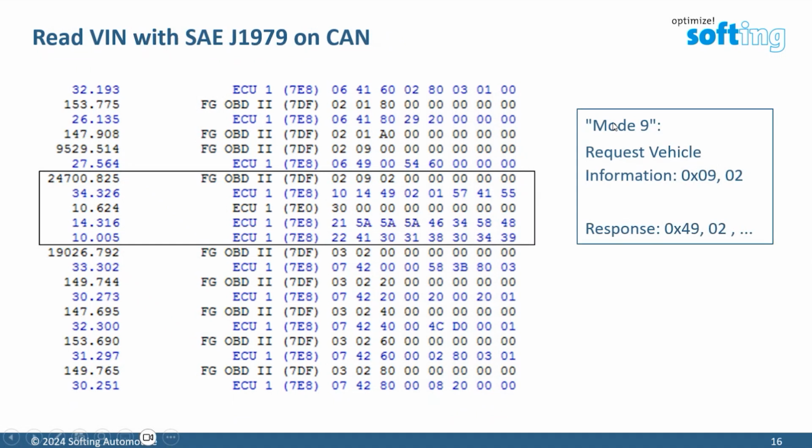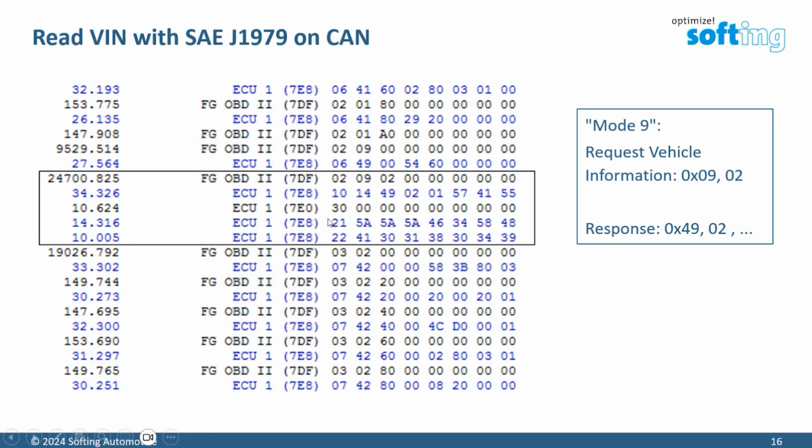And this has to be parameterized by the PID 2. So if the tester sends service 9 with the parameter 2, you can see it here, 0902, in a CAN message using J1979 OBD, then the answer will be the VIN.